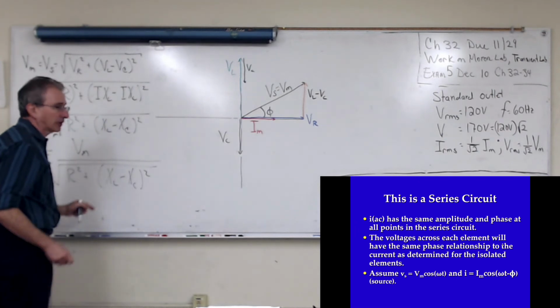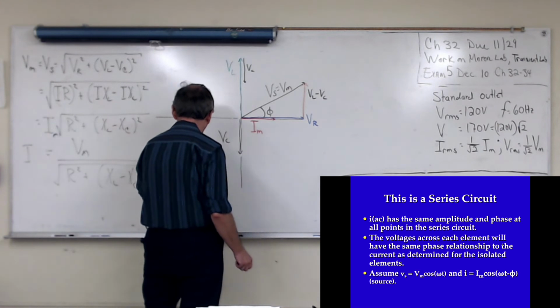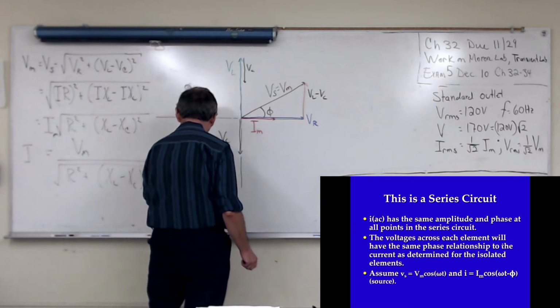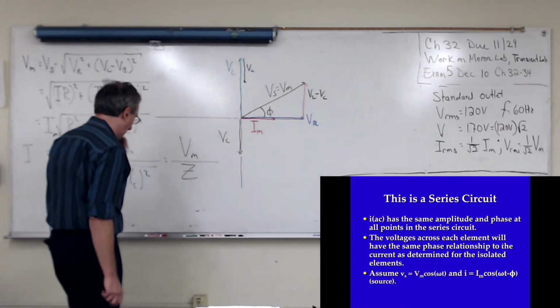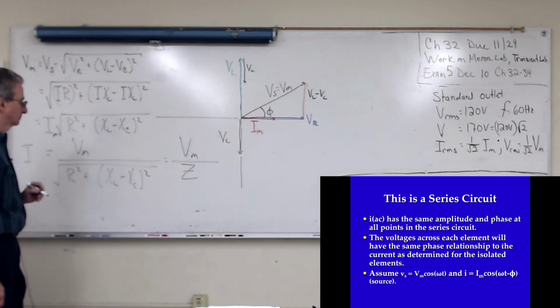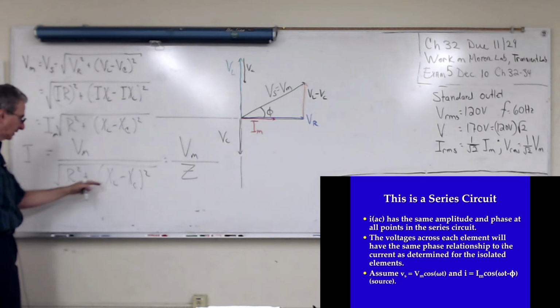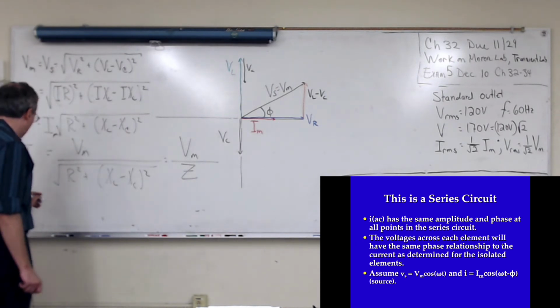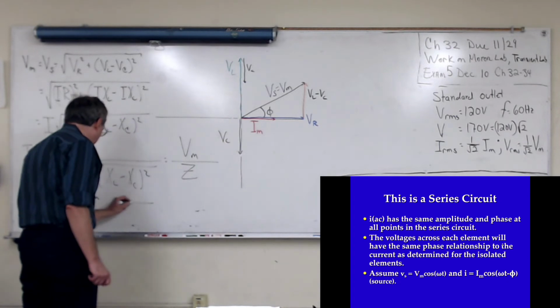The whole denominator is called the impedance. Then I can explicitly put in values for X sub L and X sub C.